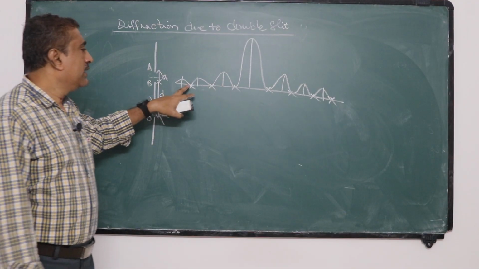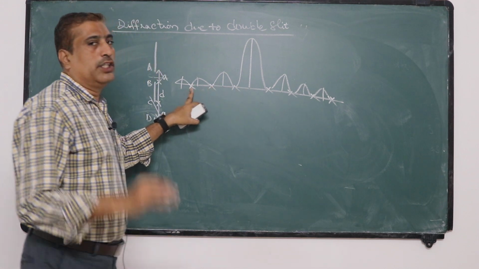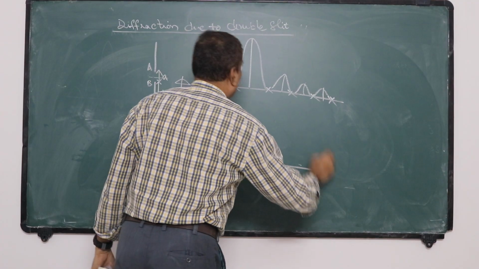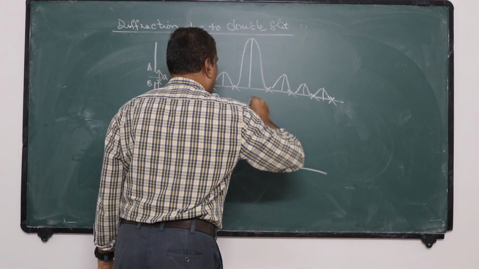All these minimums are of zero intensity. But in the case of diffraction due to double slit, the intensity of minimas is not zero.